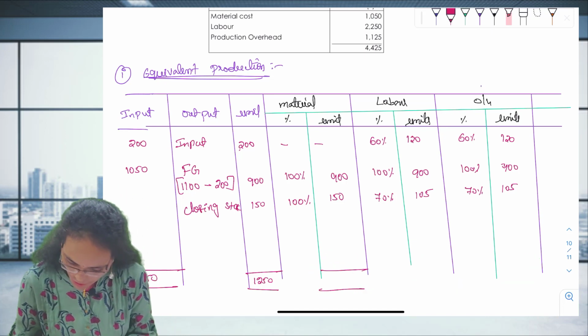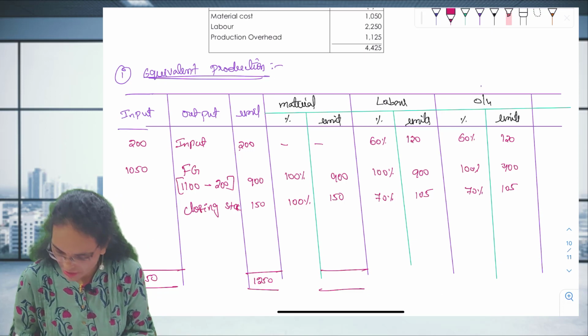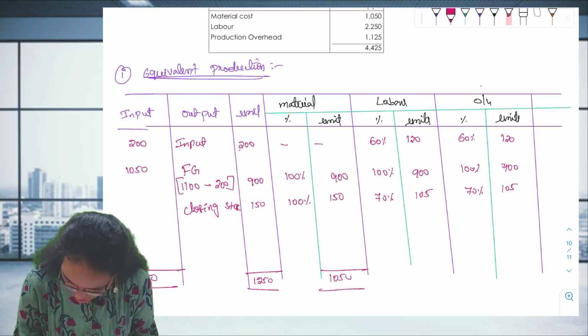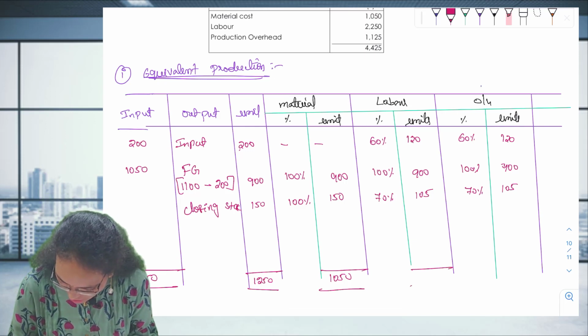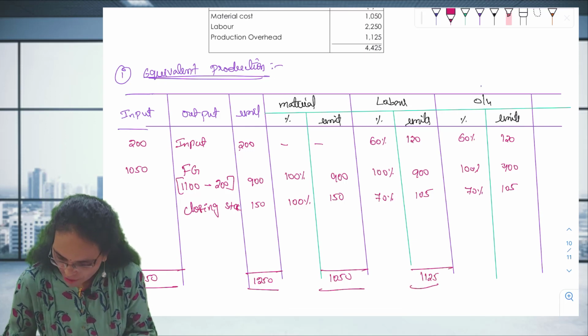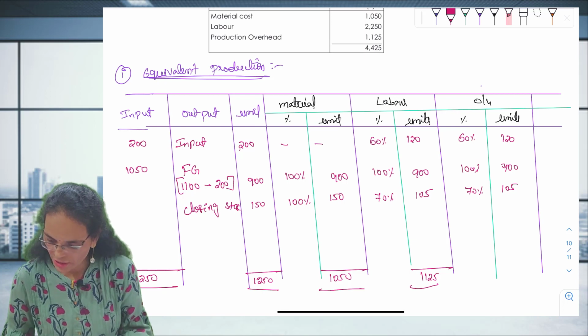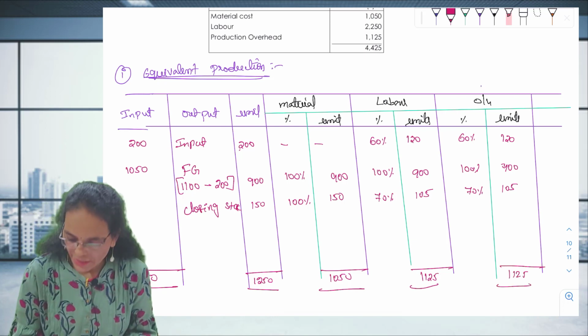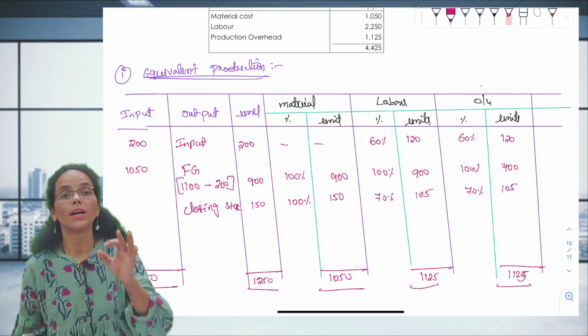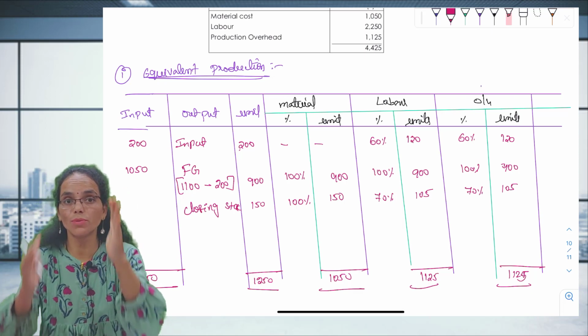Now we will see 900 plus 150, that is 1050. 120 plus 900 plus 105, that is 1125. These are the equivalent number of units produced.